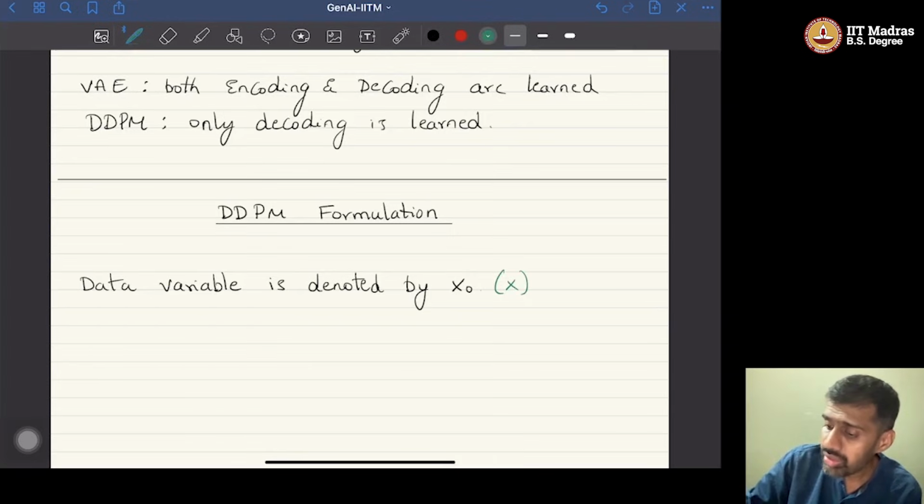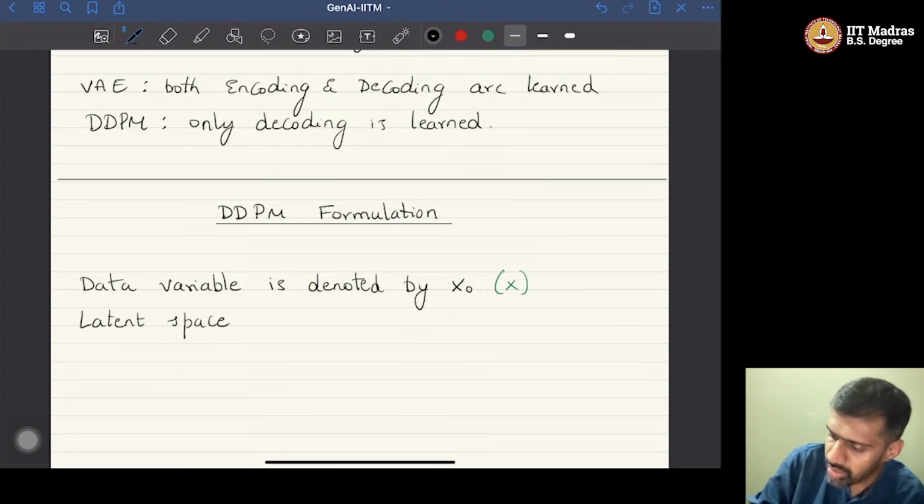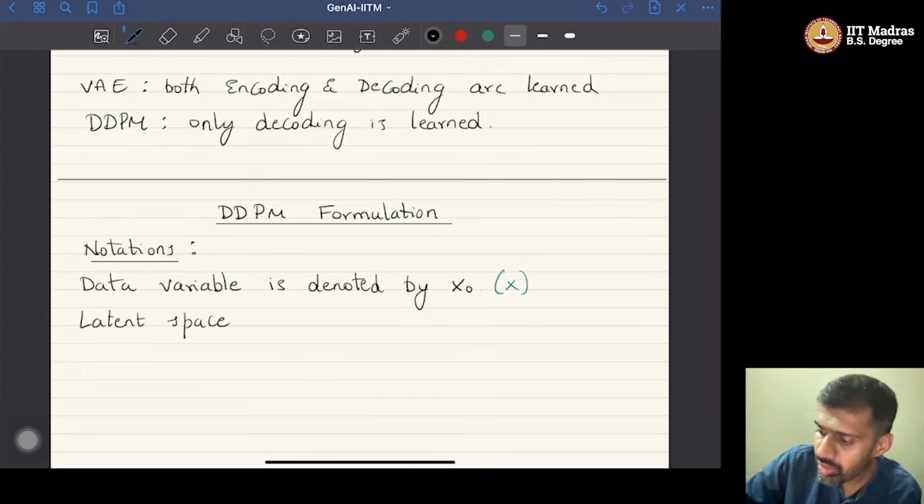So now the latent space, let me write down the notations. Latent space is typically denoted by x1, x2 up to x capital T. Please note that we have been using Z so far, so we were using Z1, Z2 up to ZT to denote the latent spaces.